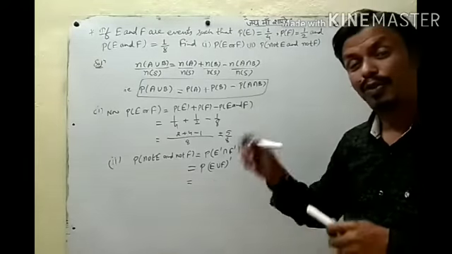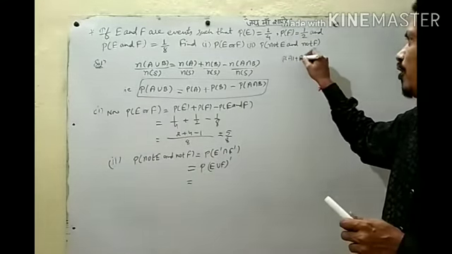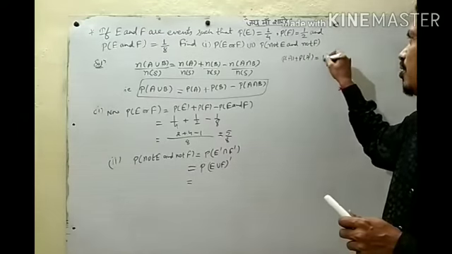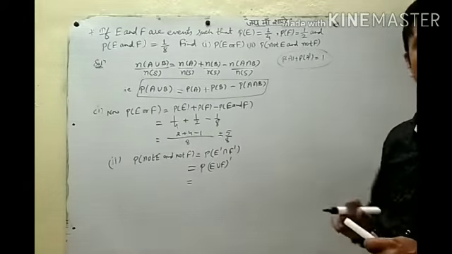Now it is probability of not E union F. It means P of A, we know P of A plus P of not A is 1. P of A plus P of not A is always 1.